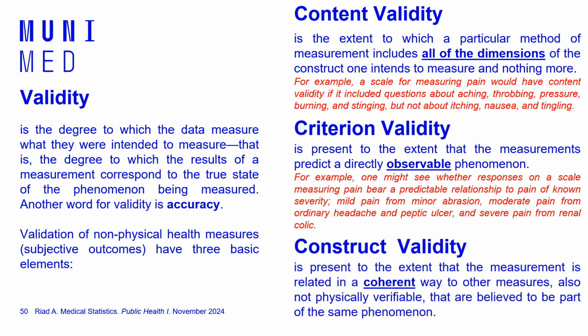Then construct validity is easily established if you have prior methods. So if you have developed a new method for diagnosing depression, one that you made on your own, and it gives results that are similar to, and in the same direction as, the results from previously validated measures, like from Harvard or other well-known institutions, then you can say that your measure is in agreement with previous measures.